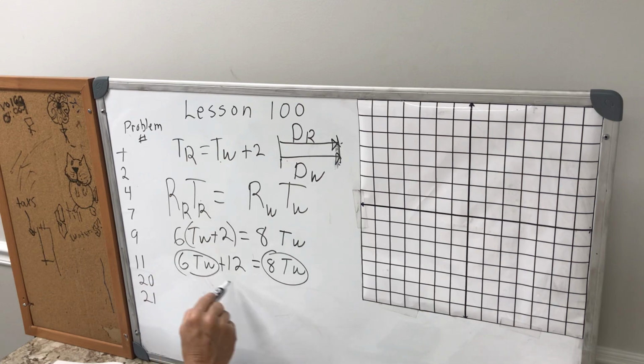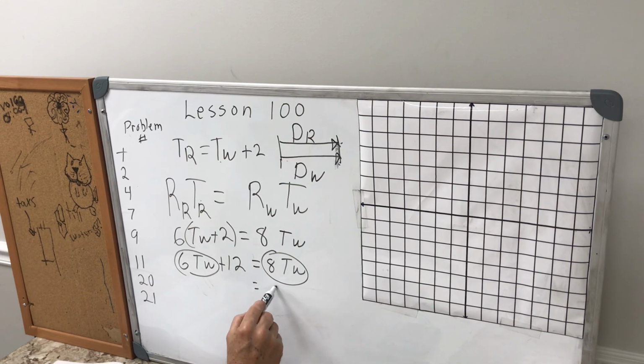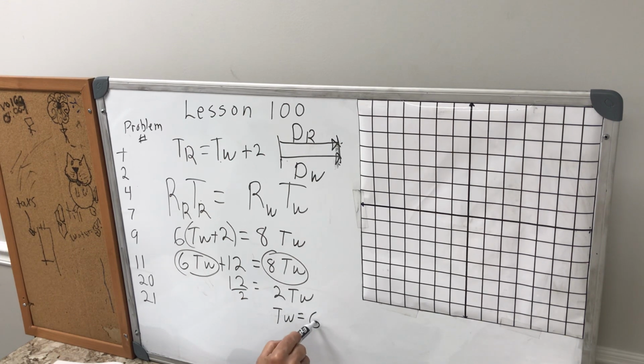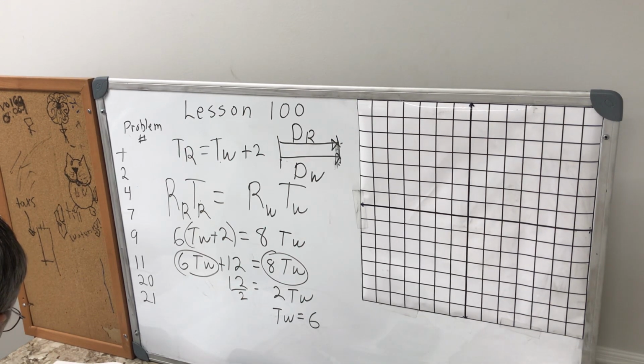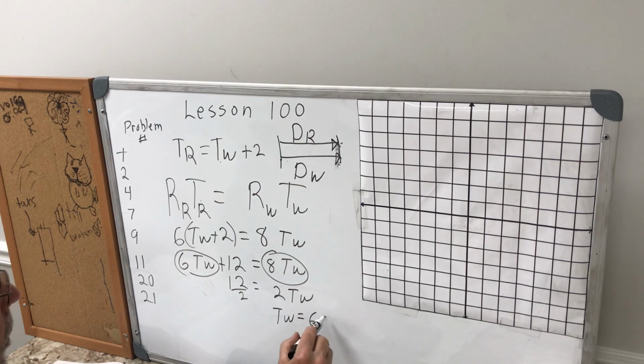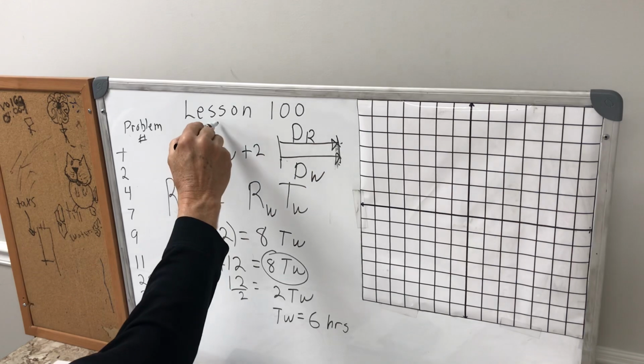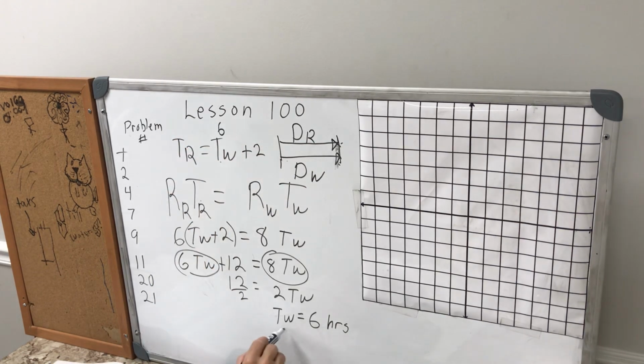Combine the times together and we have 2TW equals 12. Divide the 12 by the 2 and TW equals 6. 6 what? 6 hours. I believe we'll read through that. It says 6 hours. Okay, so if TW equals 6, then TR equals 8.